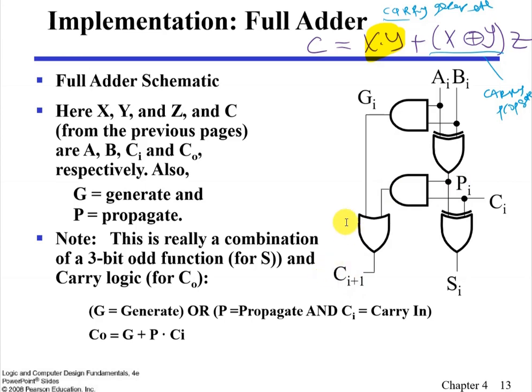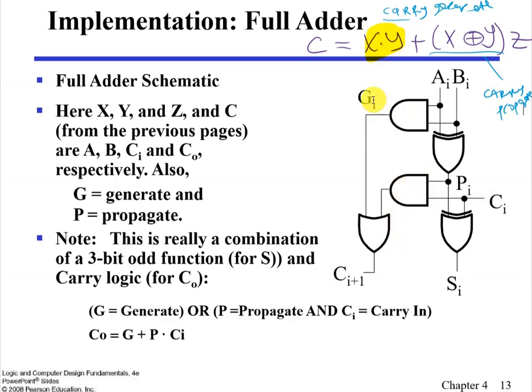So what about the carry propagate, the P? The carry propagate is also a function that specifies the condition when a carry input can propagate to the carry output in a full adder stage. So the carry input propagates to the carry output. If P is 0, then this AND gate means the carry will not be propagating.